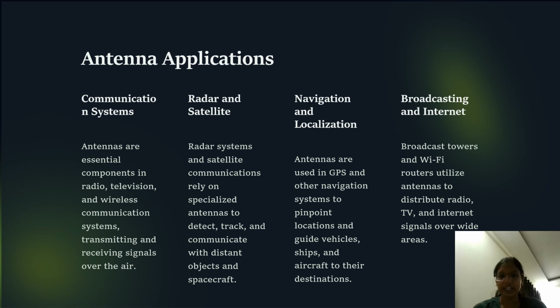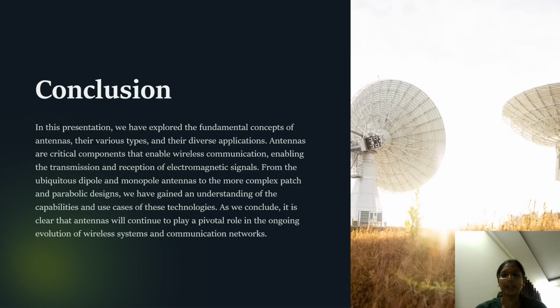For navigation and localization, antennas are used in GPS and other navigation systems to pinpoint locations and guide vehicles, ships, and aircraft to their destinations. Then broadcasting and internet: broadcast towers and Wi-Fi routers utilize antennas to distribute radio, TV, and internet signals over wide areas.